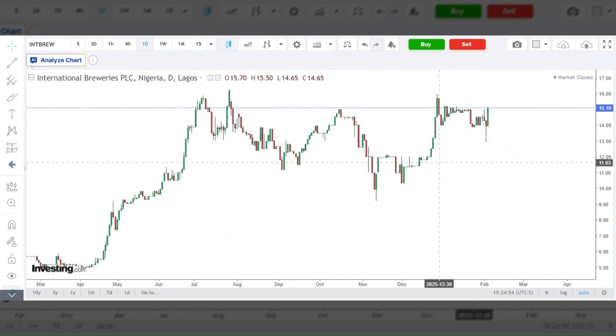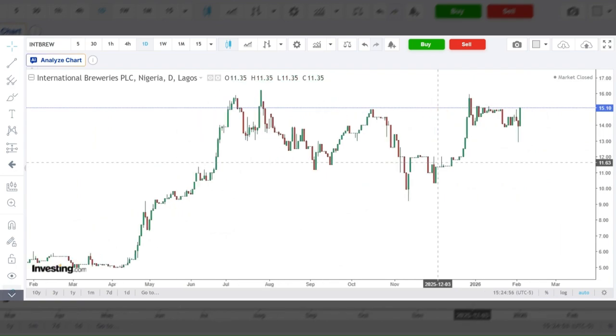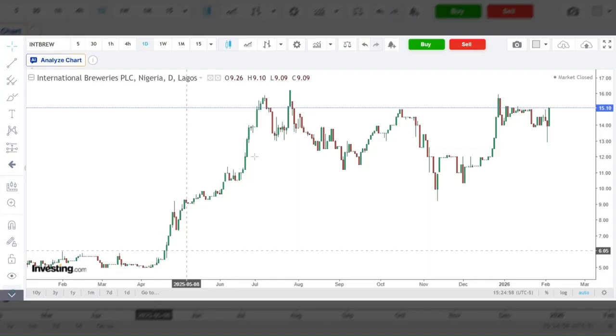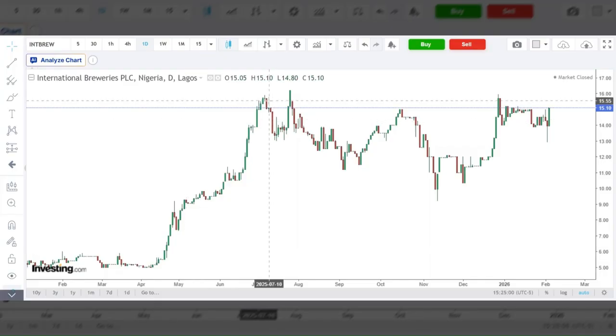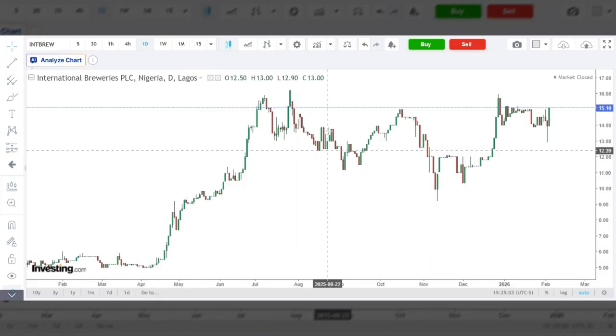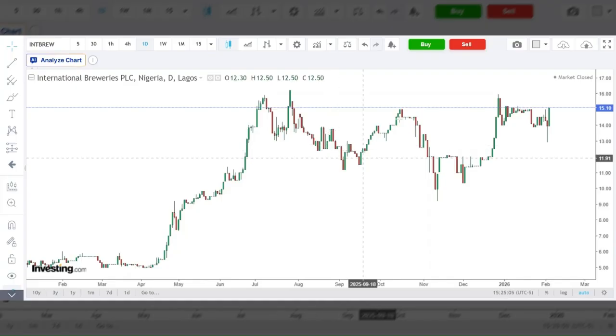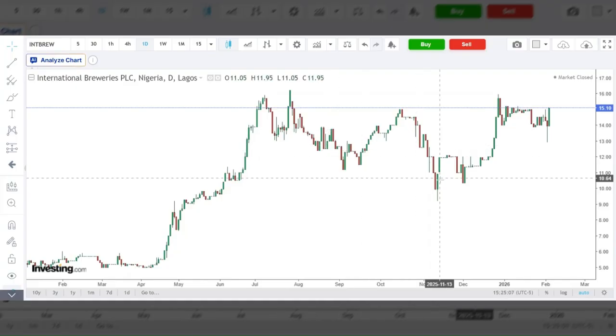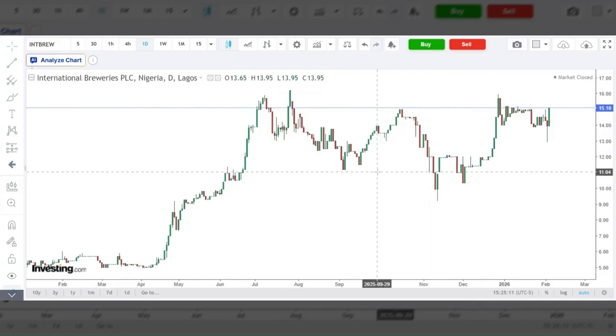Generally, the market looks okay, in an uptrend. Then it consolidated here a bit, and then went on a very good downtrend here, and then an uptrend here. So I would say that International Breweries is on a potential uptrend, but we'll confirm with our technical analysis.